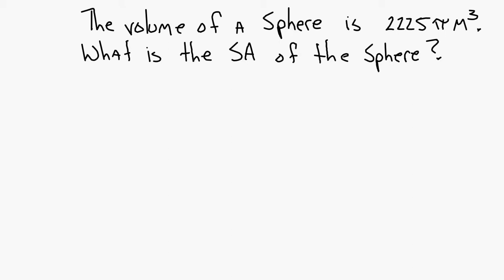You're given volume and you're asked for surface area, right? So what's volume of a sphere equal to? 4/3 pi r cubed. And what's surface area equal to? 4 pi r squared.